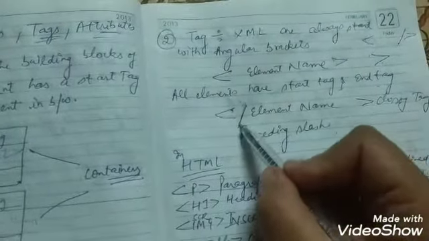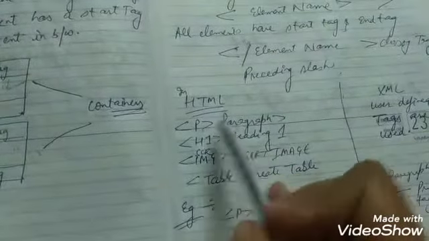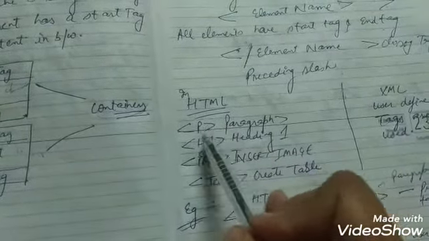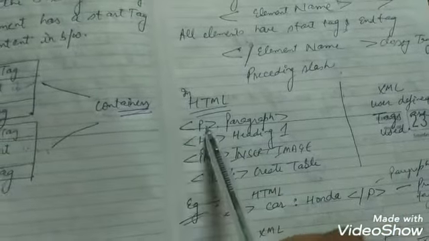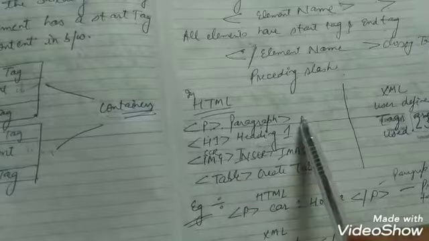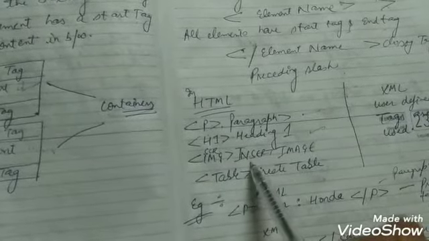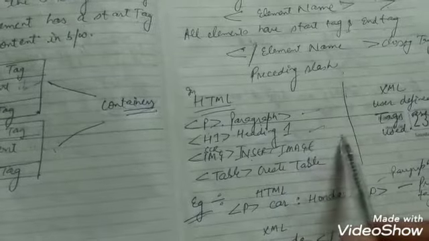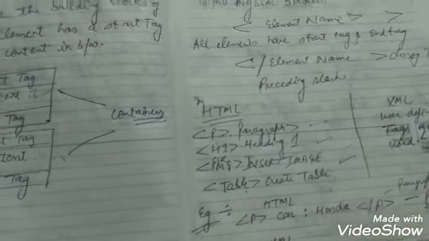As I already discussed, in HTML there are predefined tags which we use throughout our program. For example, P is used for paragraph, H1 for heading 1, IMG SRC is used to insert or show an image, and table is used to create a table.